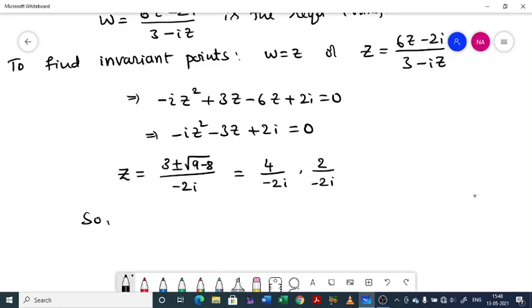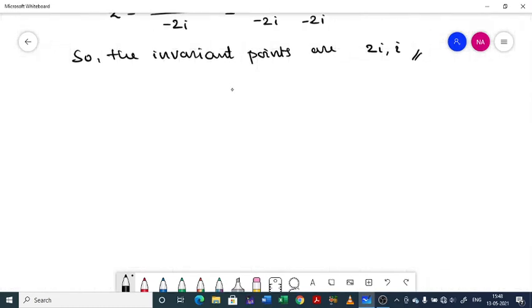So the invariant points are 2I, I. That completes the solution of this problem.